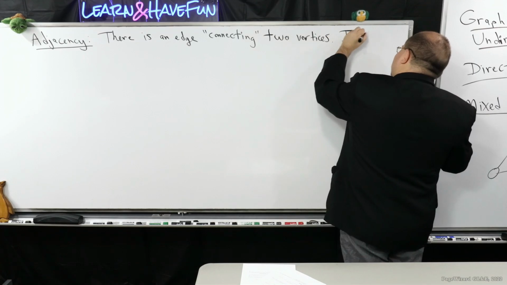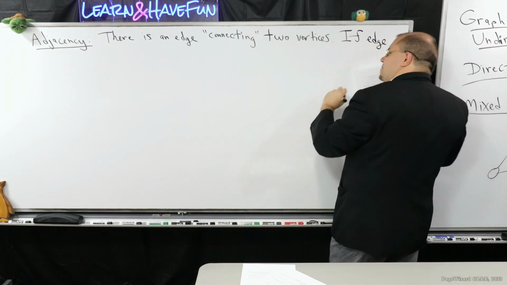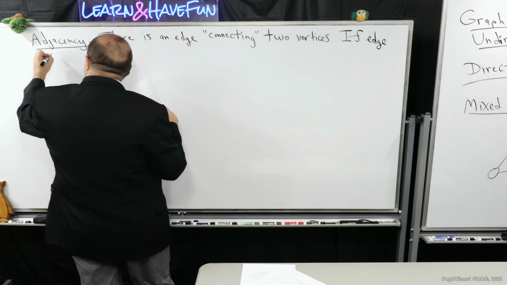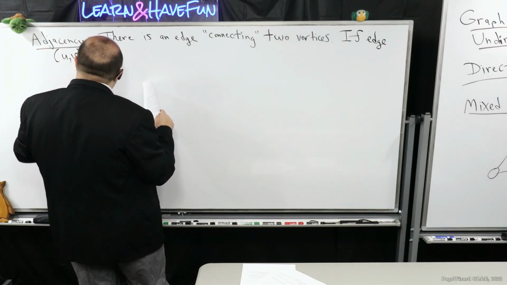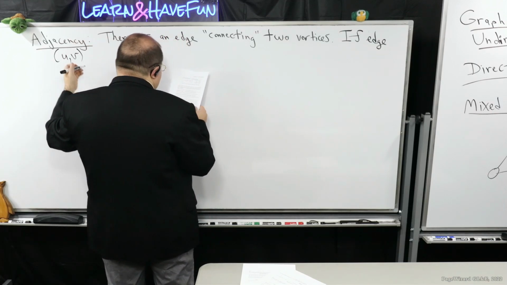So if I give you an edge whose endpoints are u and v, uv like this, doesn't matter what kind it is, I'm going to break it into two cases for you.